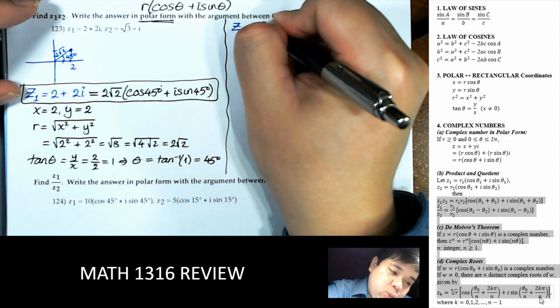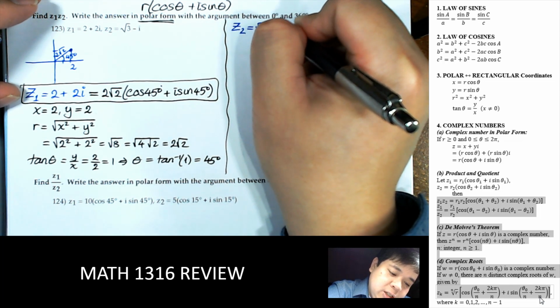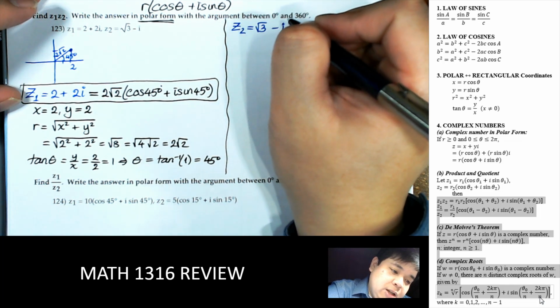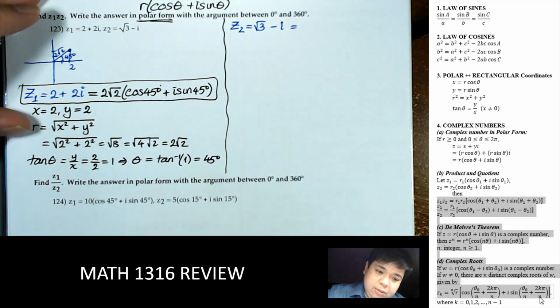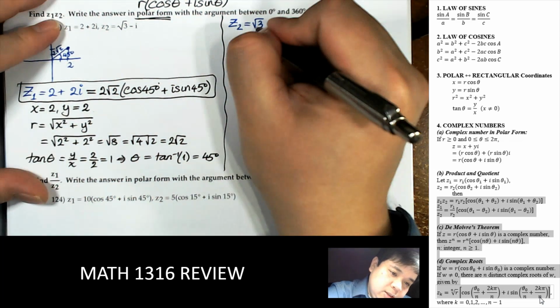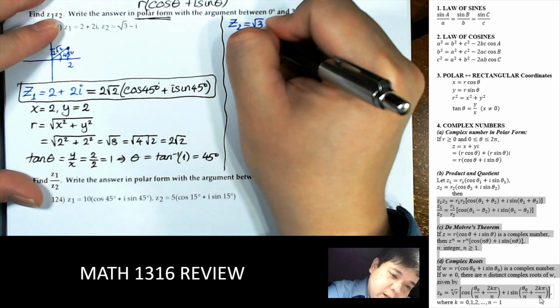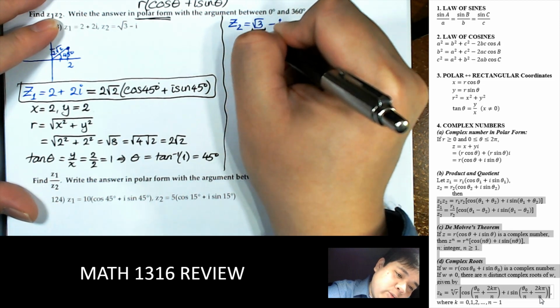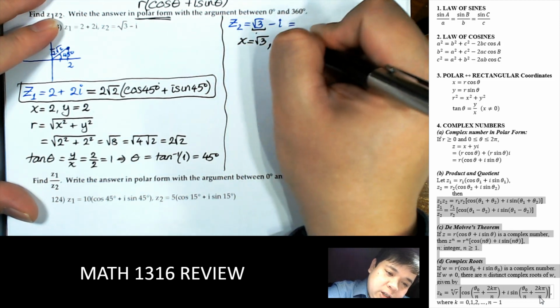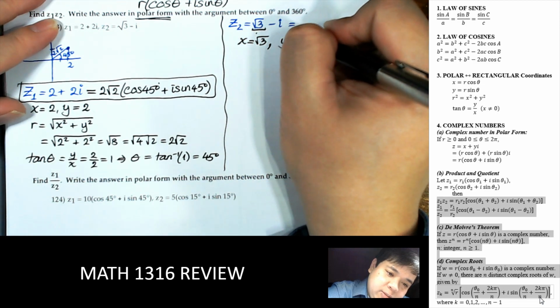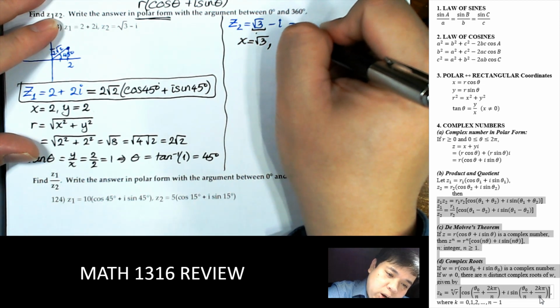Z2 is square root of 3 minus I. Again, x is square root of 3 and y is negative 1.